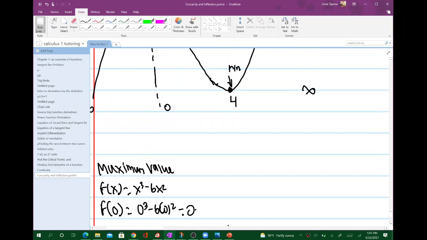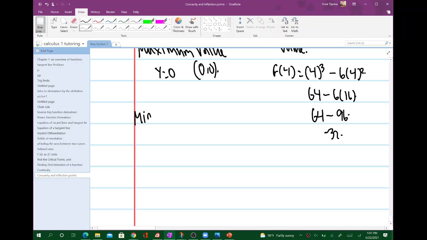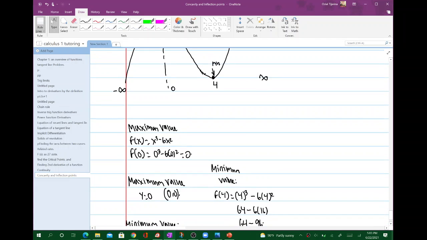So the minimum value would occur at 4, negative 32, or at x equals 4, y equals negative 32. And so that's how you find the maximum and minimum value of the function, right?